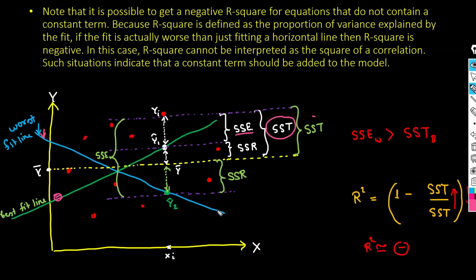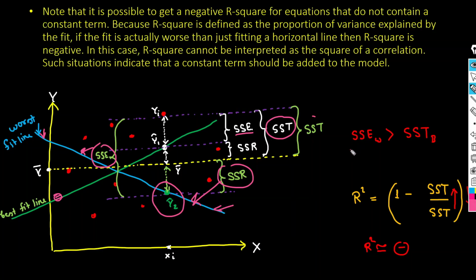With this line, this is your actual value and this is your predicted value, and the difference between the actual and the predicted will be your SSE for this line, and the difference between the predicted and the mean will be your SSR for this line, and SST will be the same, that is the actual minus mean value.